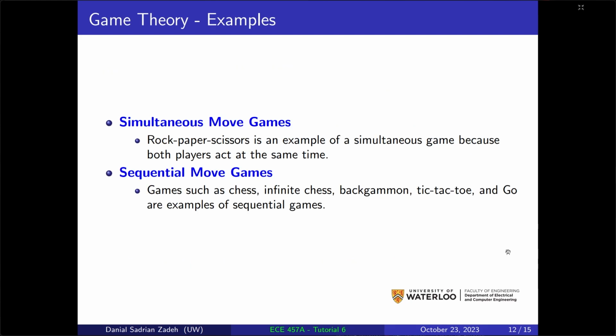Next up, we have simultaneous move games and sequential move games. Rock, paper, scissors is an example of a simultaneous game because both players act at the same time. But for sequential games, we have chess, infinite chess, backgammon, tic-tac-toe, and Go as examples.